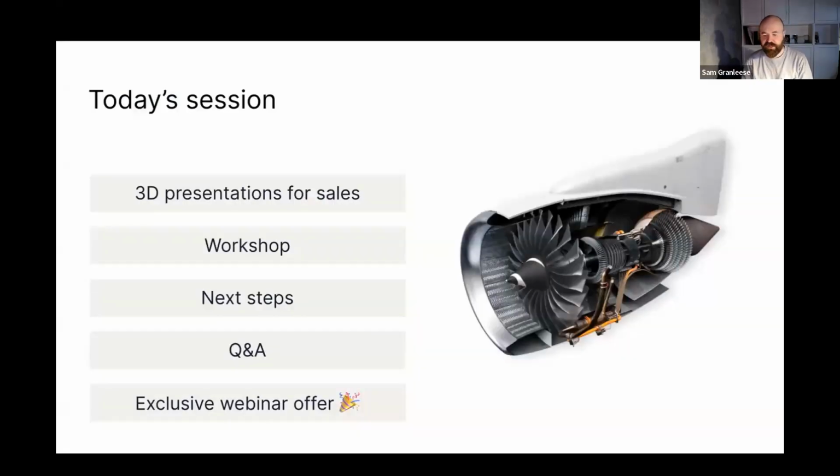So our agenda for today covers off 3 to 4 key things. We're going to show you an example of using 3D presentations in a sales motion and making it as efficient and integrated in your day-to-day sales tooling as possible. Then we're going to take a step back and go through the storytelling aspect of building out a great 3D presentation intended for sales that highlights key selling points and has all the things you would expect to wow a customer and generate deals.